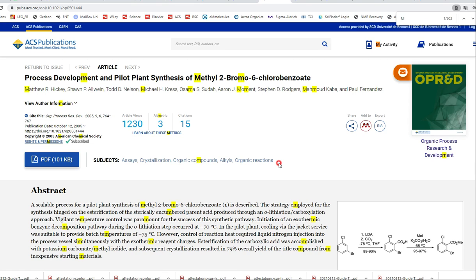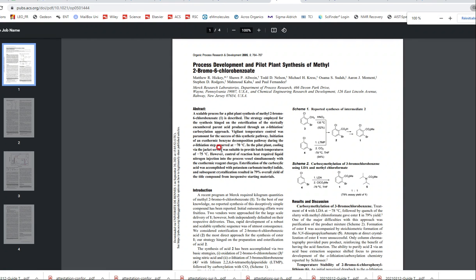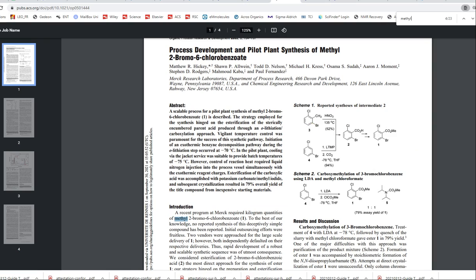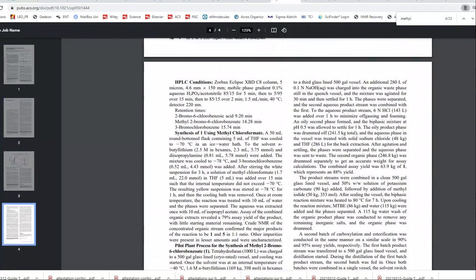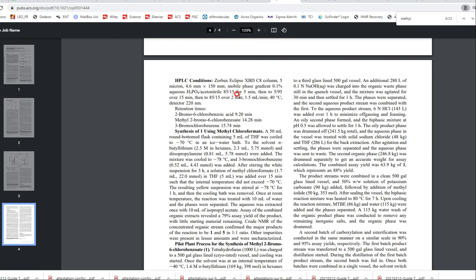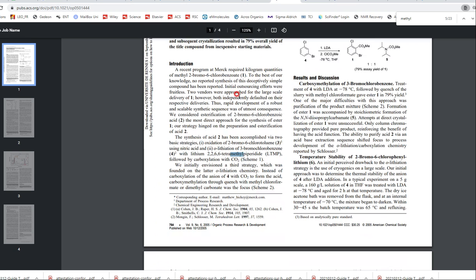So methyl iodide. Let's look into the PDF. Let's go to the experimental part. Look for methyl iodide. Haven't seen it.